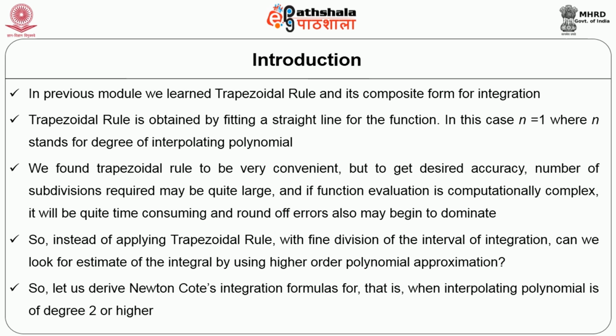So today we will explore that the general Newton-Cotes formulas are obtained by the technique of approximating the function by a polynomial of degree n, and this polynomial is integrated to get the estimate of the integral. In Newton-Cotes formulas, the formula, as we have already seen, is of the form sigma i equal to 0 to n wi f(xi), where the wi's are the weights and the abscissas x0, x1, x2, xn are already assumed to be fixed.